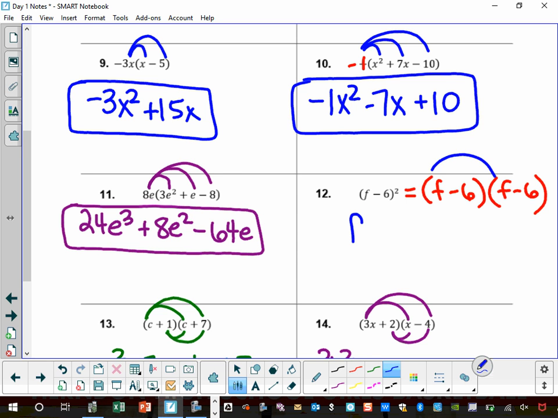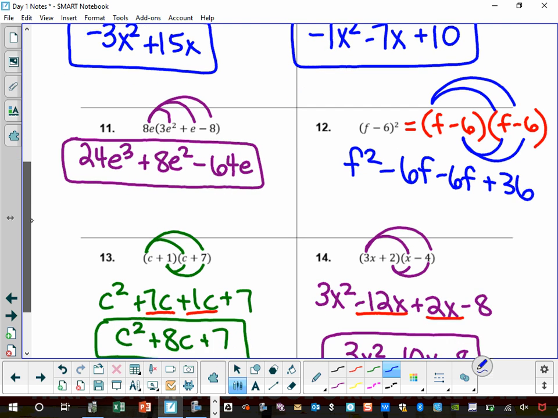We have f squared, f times negative 6, negative 6f. Negative 6 times f again is negative 6f. And then negative 6 times negative 6, positive 36. All right, all we have to do here is combine my like terms.